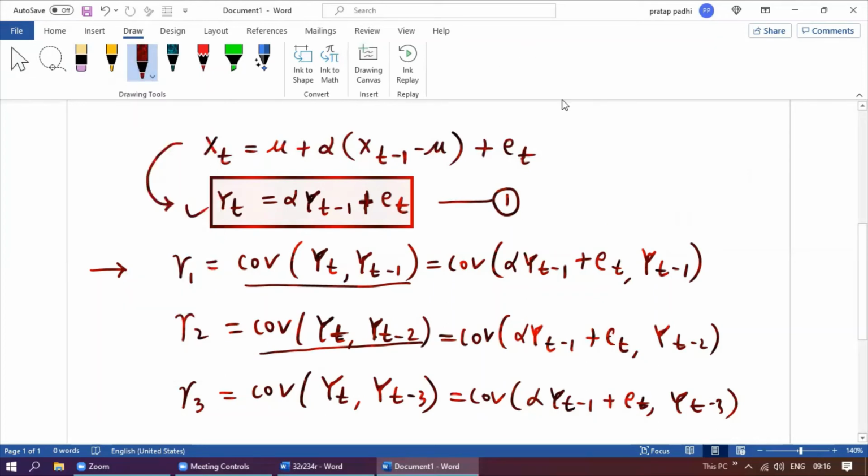If you separate these two, okay, alpha yt minus 1 with yt minus 1, and then let me write the first one. Alpha I will take out, covariance of yt minus 1 with yt minus 1, that is variance of yt minus 1, and that is sigma square always.